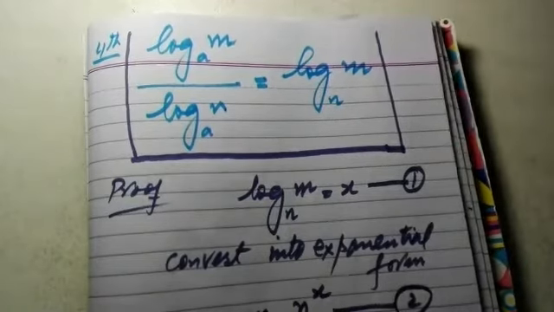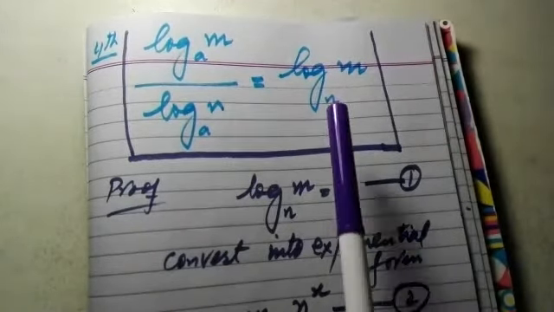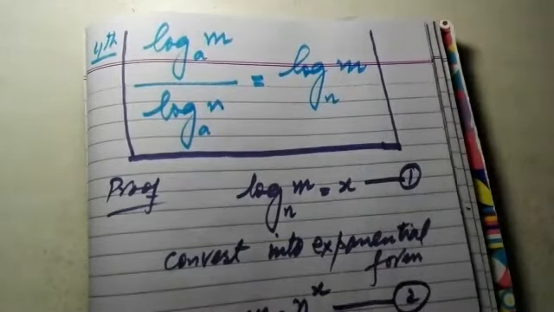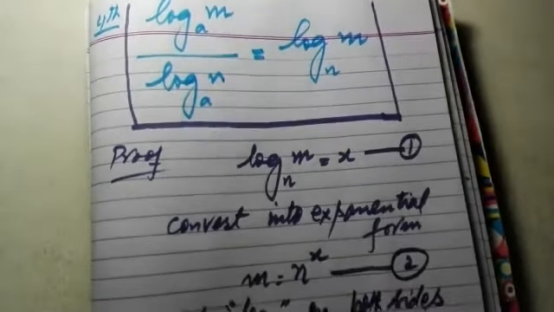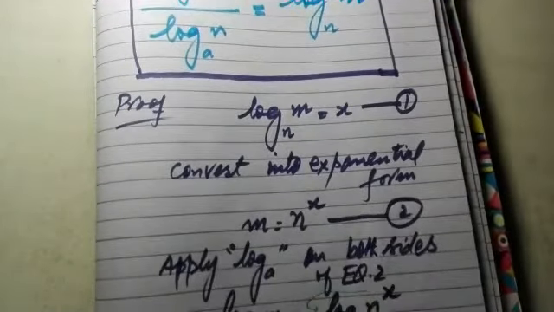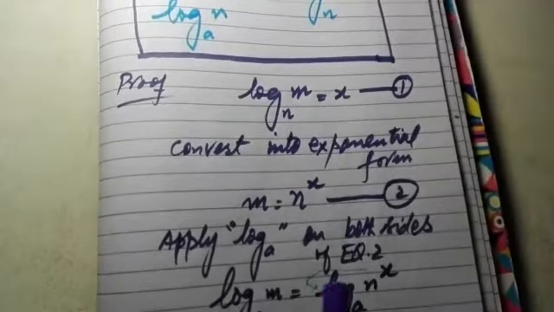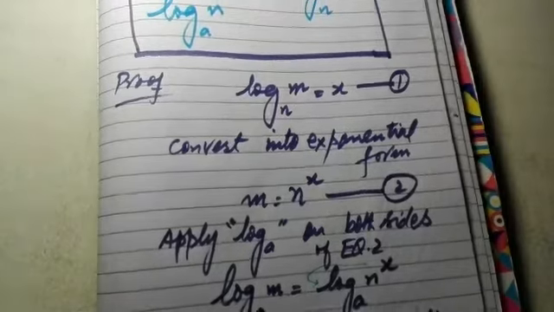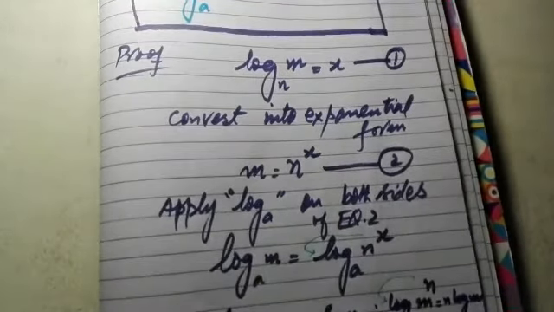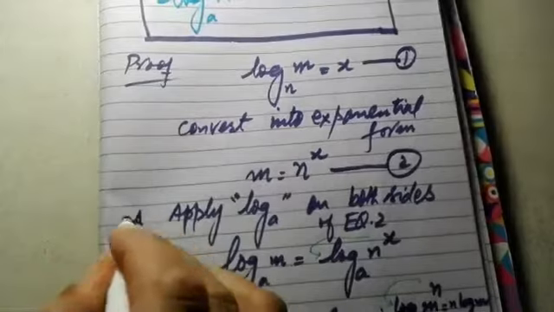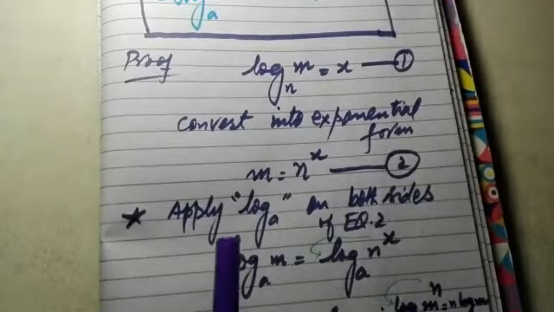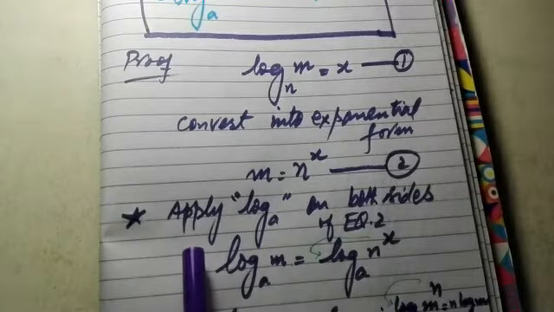For the proof, you first have to take up the right hand side. This right hand side will be taken as the first equation. You will convert as usual, as we have done in the previous parts, into the exponential form. Once you convert it into the exponential form, it will become m is equal to n to the power x. And the thing which I feel is very important is the application of the log, because we have not applied logarithm in any proof of the first three laws of logarithm.